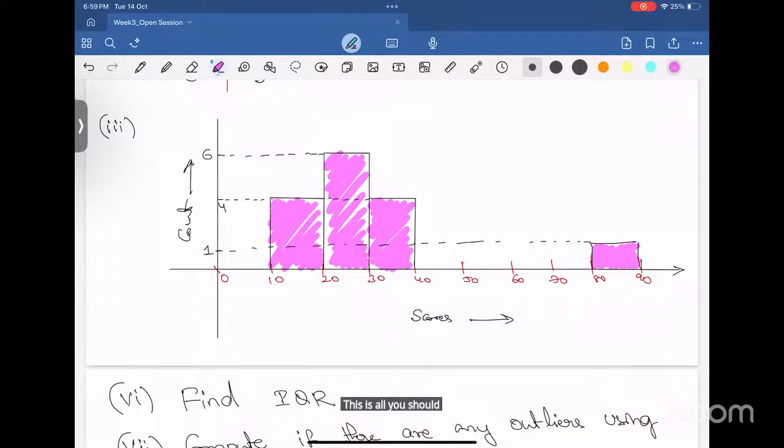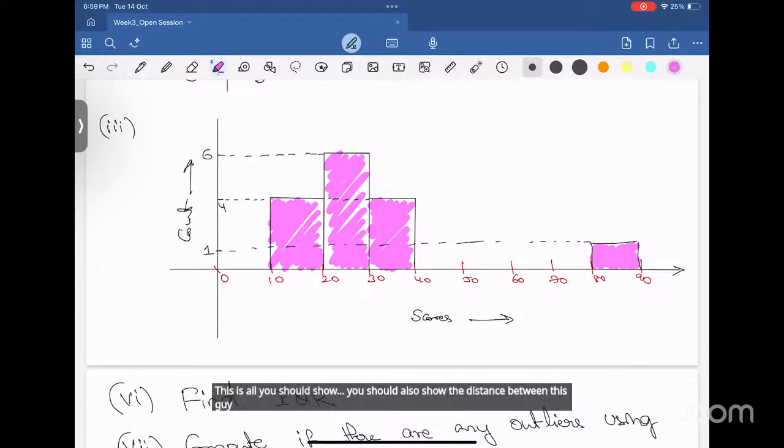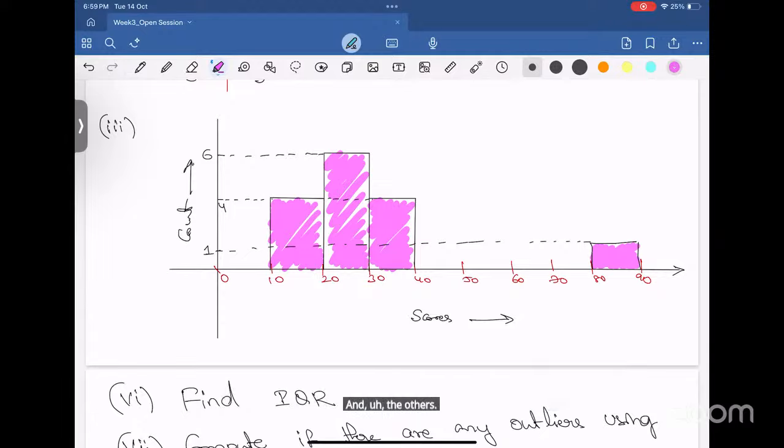You should also show the distance between this one and the others in the histogram. Whereas if you group them and say 10 to 20 group, 20 to 30 group, 30 to 40 group, and 40 above group, you are categorizing them into groups and then plotting. That becomes a bar graph. Right, so there is a subtle difference between bar graph and histogram.